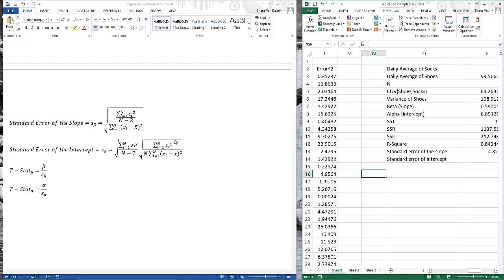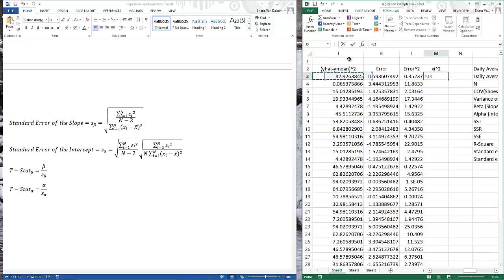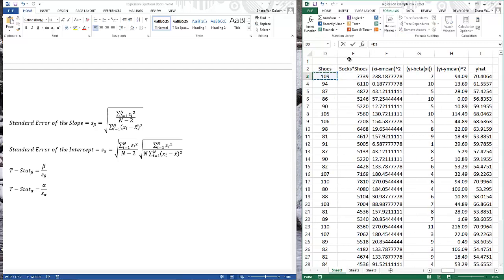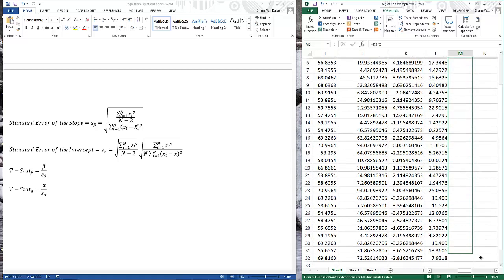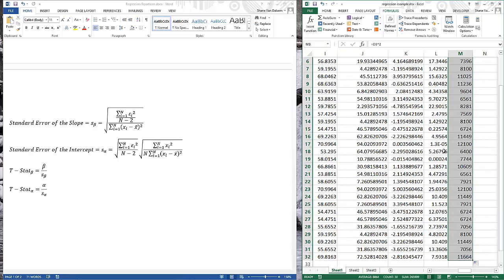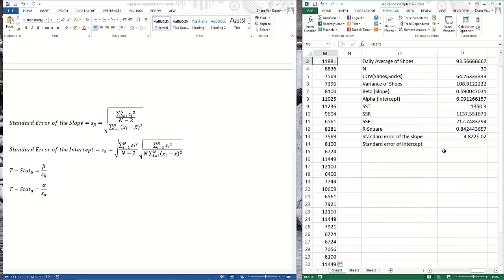We don't have the sum of xi squared as a variable yet, so I'm going to create that. Xi squared is equal to the number of shoes squared. So I have D3 up caret 2 for xi squared. Now I've got the column for xi squared.